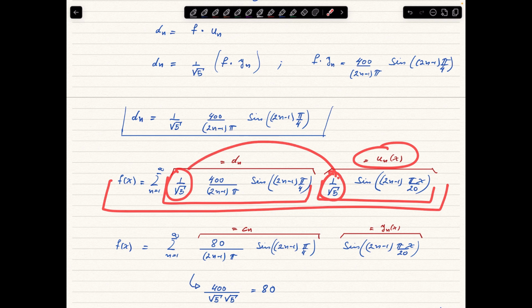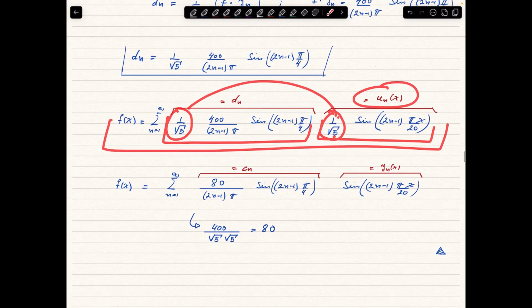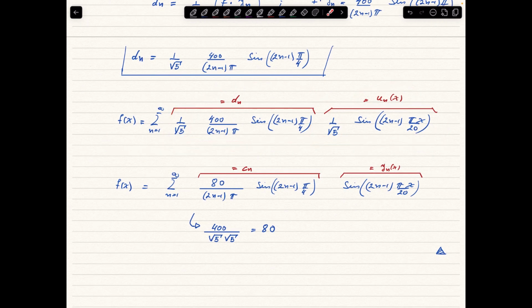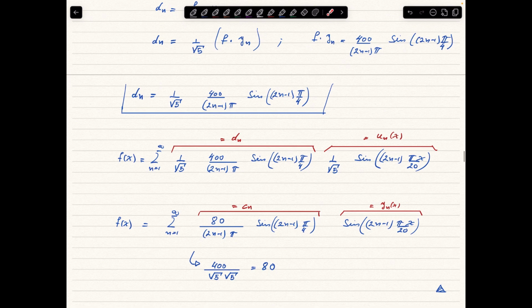When we put them together, it is 1 over 5, and 1 over 5 divided in 400 is going to be the 80 we found before. So here you have another solved example to help you practice how to compute the coefficient Cn in these orthogonal expansions.